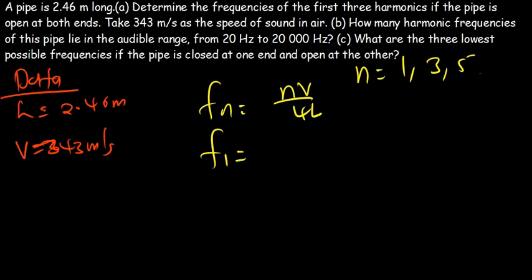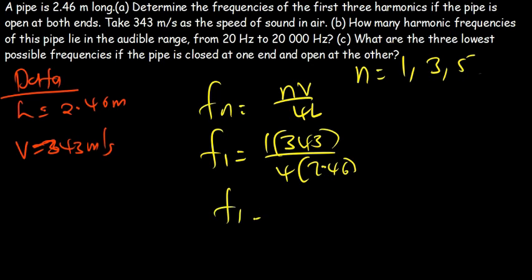The first one will be 1 times 343 divided by 4 times 2.46. The length will not change. That is 34.86 hertz. That is the first one.